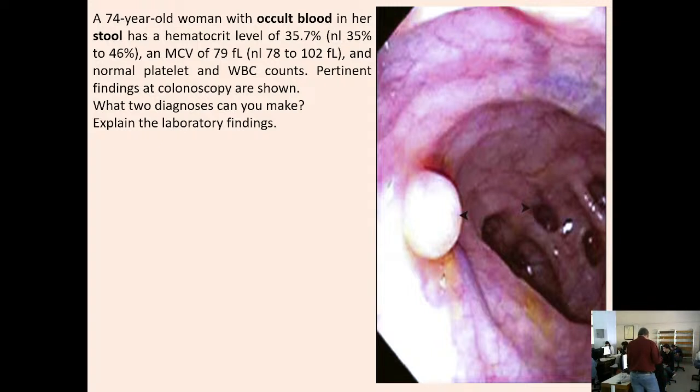However, you must resect it because this is not a pseudopolyp like the ones we saw complicating ulcerative colitis. This is a true adenomatous polyp, a benign neoplasm of the glandular epithelium of the large bowel. So you should resect it so that it does not become cancer.